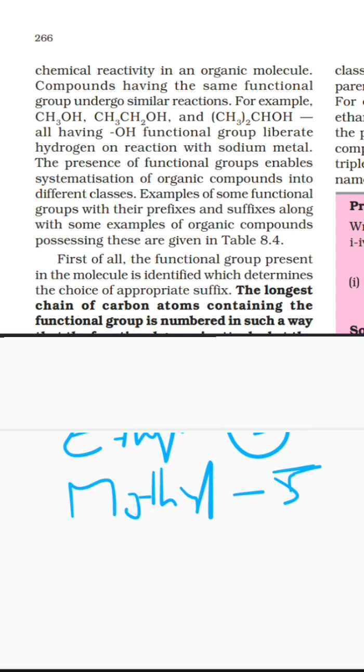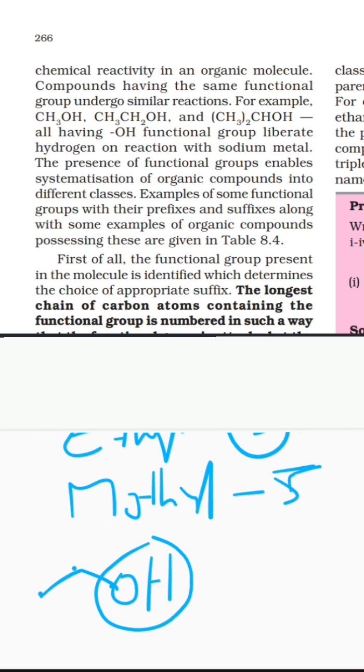That means if we have ethane like this, propane like this, but instead of this carbon we have an OH group here. So this OH is a functional group. It is a functional group.